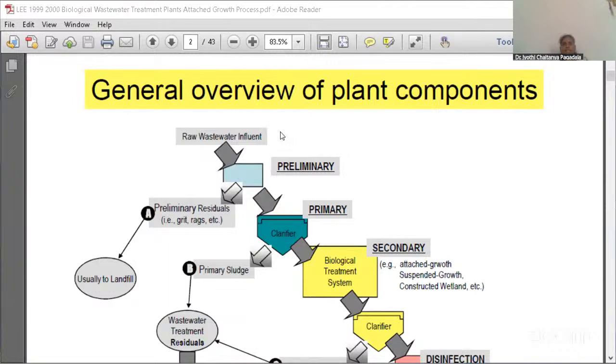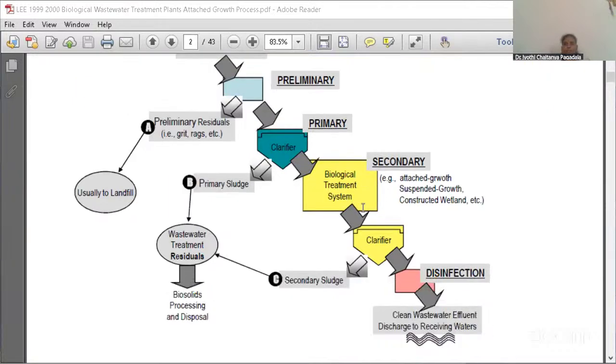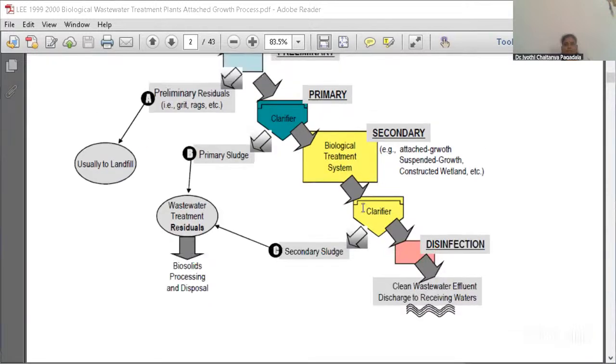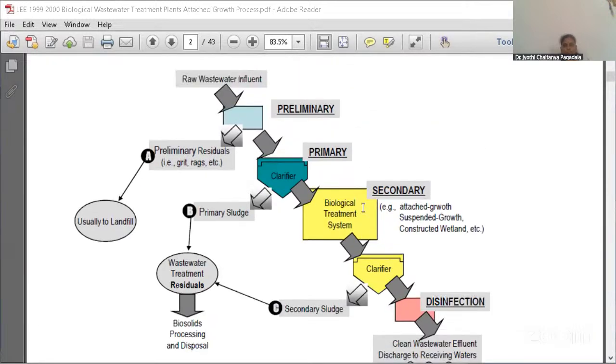If you can see the general overview of the plant, like a biological wastewater treatment, usually there is a raw wastewater influent.